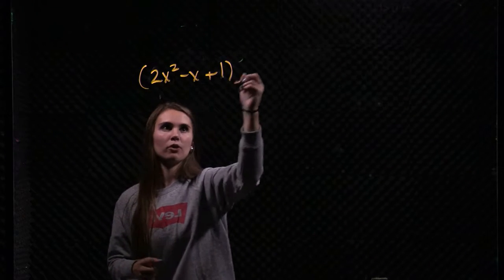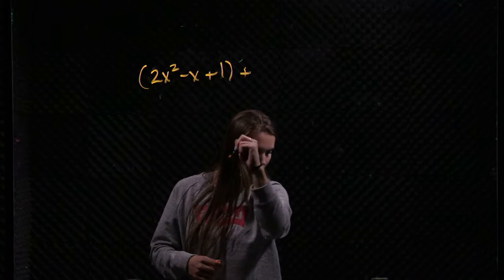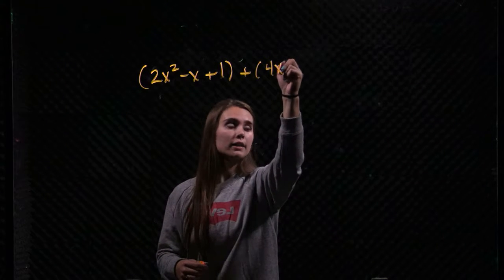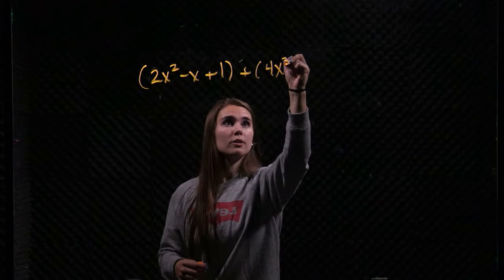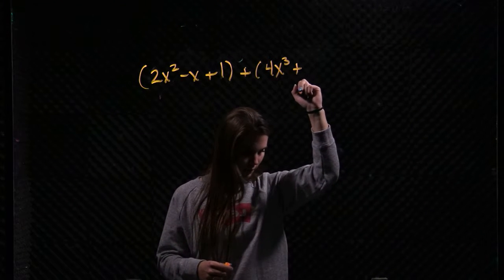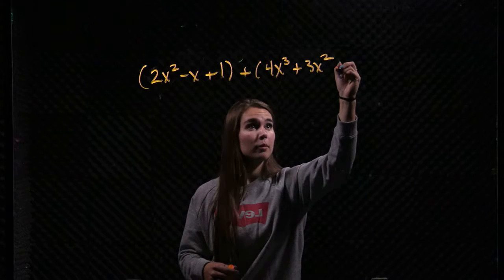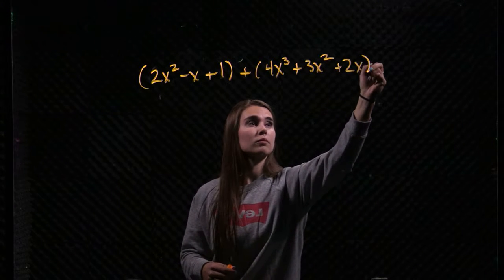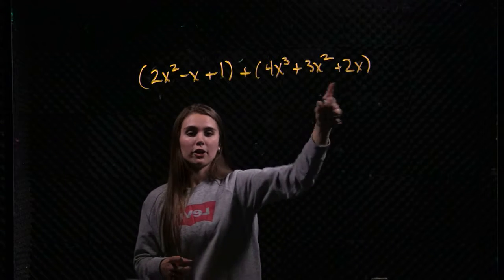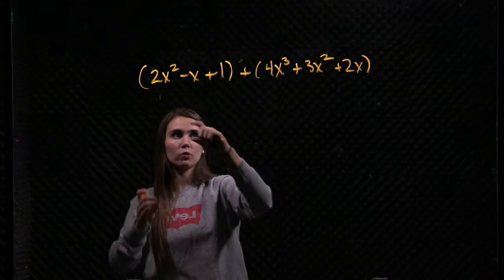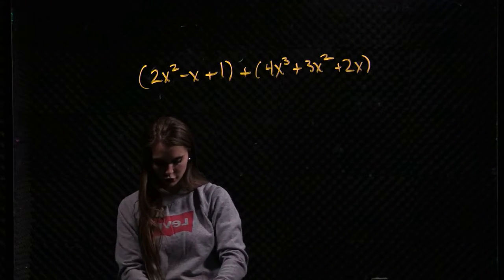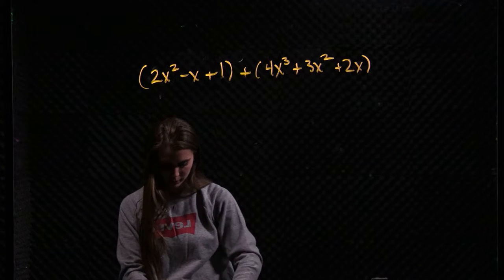I want to add this polynomial to 4x cubed plus 3x squared plus 2x. So when I'm adding these together, I can either point out which ones have the same terms or the same exponents.